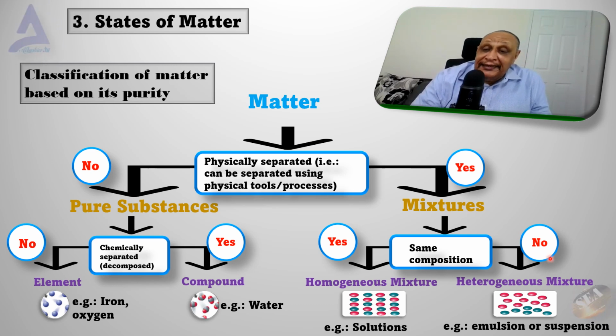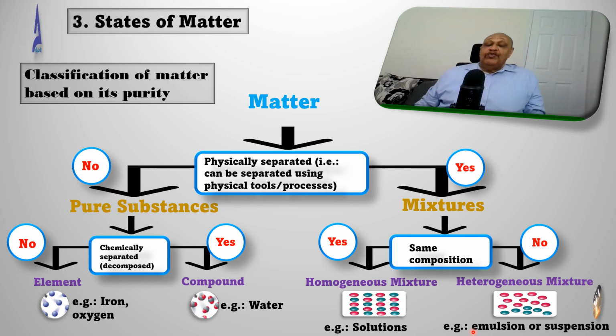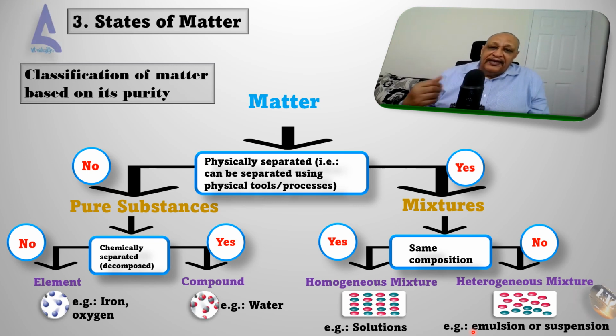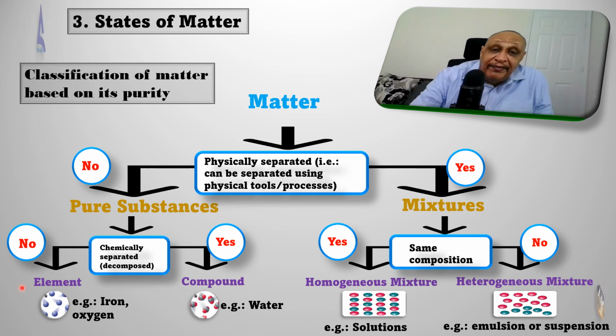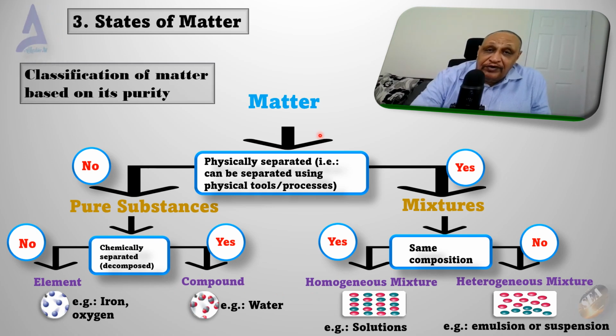Then the answer will be no, that means I have a mixture, but this mixture is heterogeneous. It has different percentages if I took and examined it in each place of it. Now, this is to wrap up what we had a few seconds before.